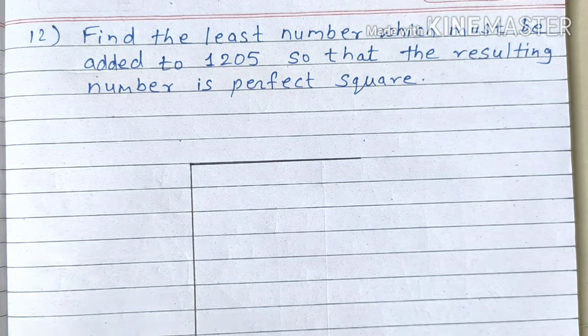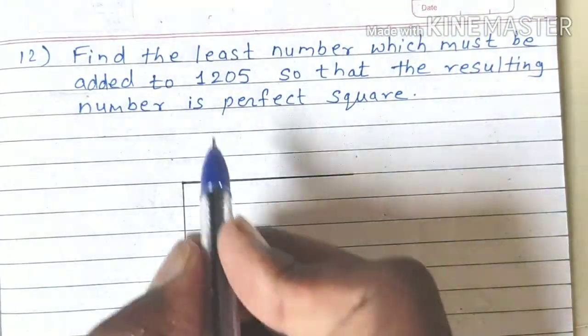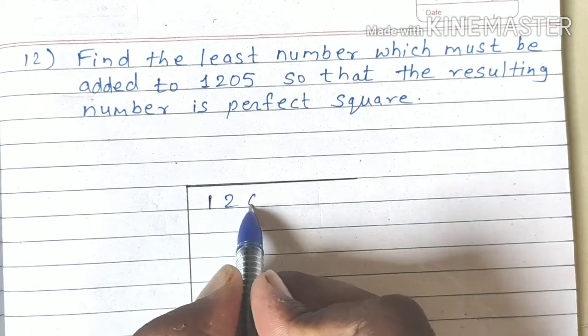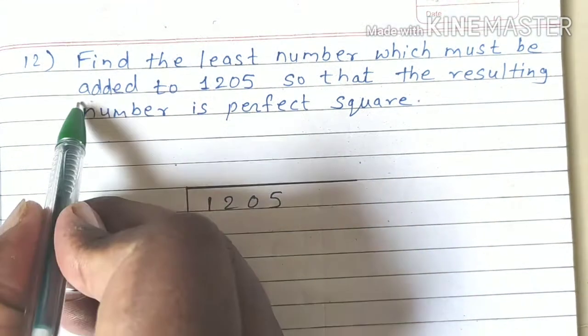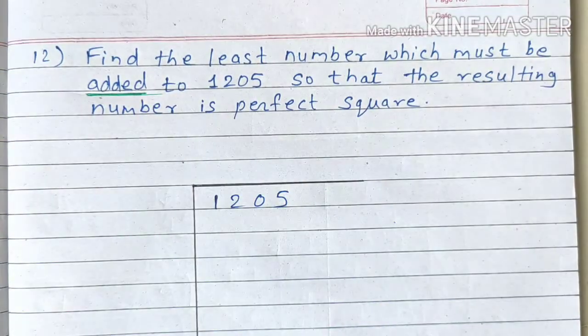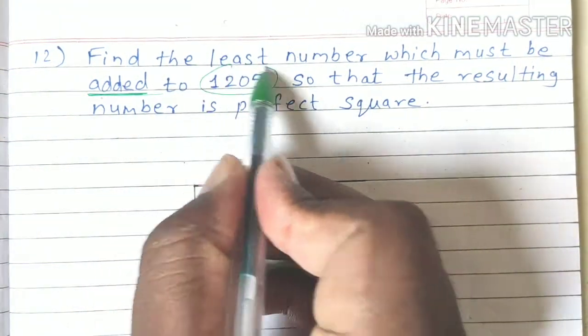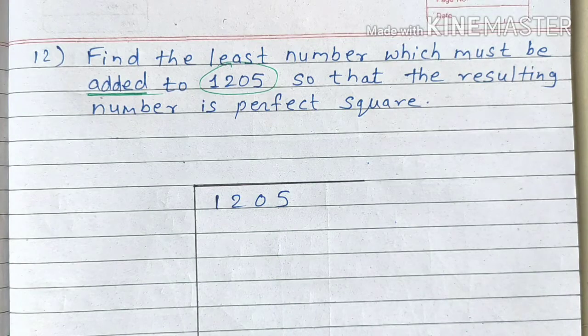So already we have done this type of question in the previous examples. Again, a similar type of question. The given number is 1205. Now what do we have to do? The question is related to addition. We have to add something to 1205 so that the number will become a perfect square.